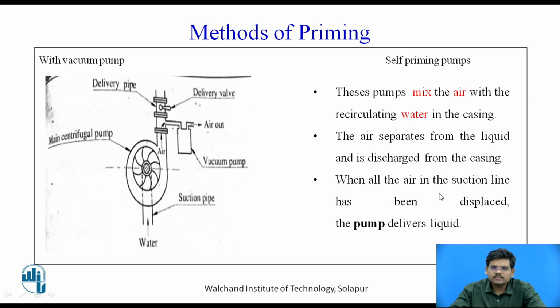When all the air in the suction line has been displaced, the pump will deliver the liquid at the desired pressure. Even in some cases, there is a small container or chamber where water will be stored, and that fluid will be used for priming when you start the pump. So this was with methods of priming.